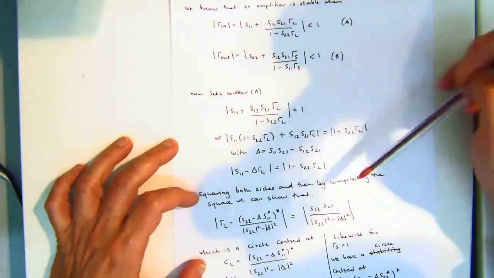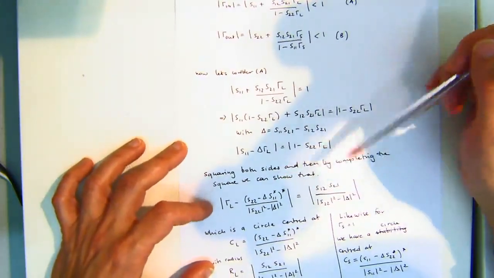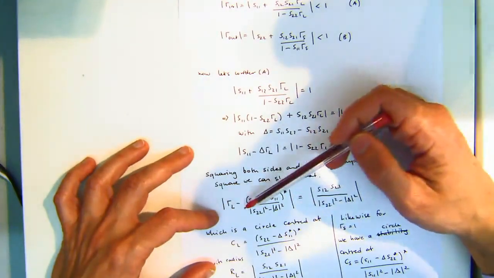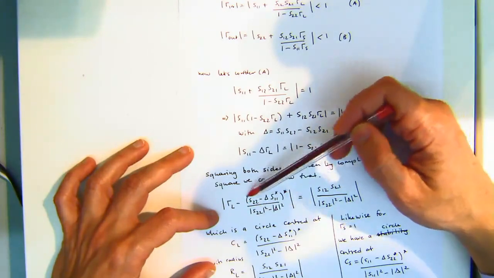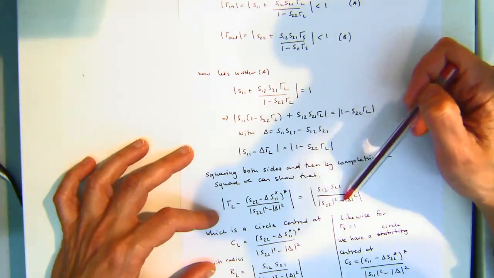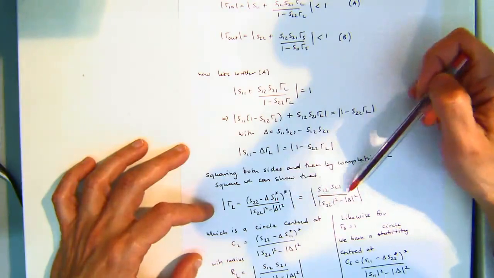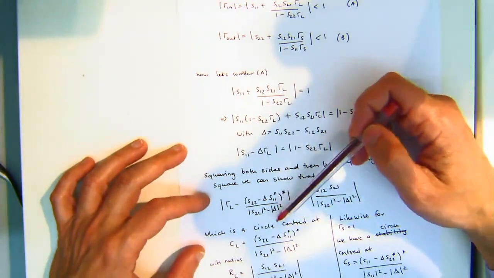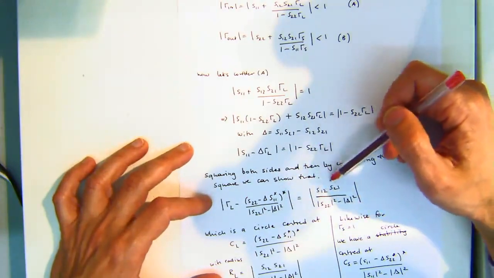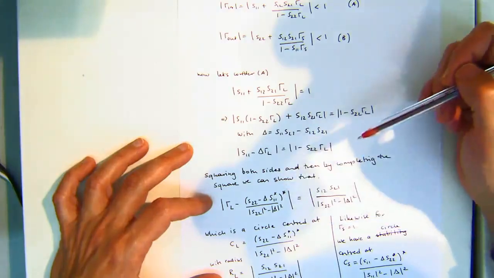Now, if we square both sides and complete the square, what we can actually show is that gamma L, the reflection coefficient of the load, minus this constant value, the magnitude of that equals some constant here, right? Essentially, this represents a circle which is centered at this location and has a radius of this. That's all we've done.